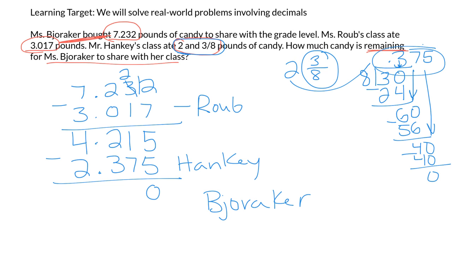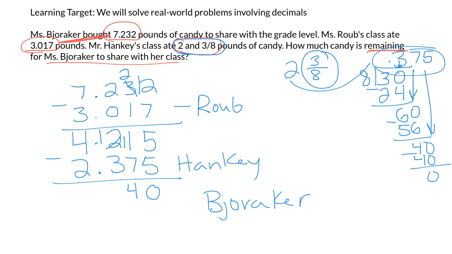Now you have 2 options here. A lot of 5th graders, it's up to you. You can either jump all the way over to your whole number and borrow for your tenths and your hundredths. Or if you think that's too much to do at one time, that's okay. You can just come over here to your tenths and borrow 1, turn that into a 1. 11 minus 7 is 4.